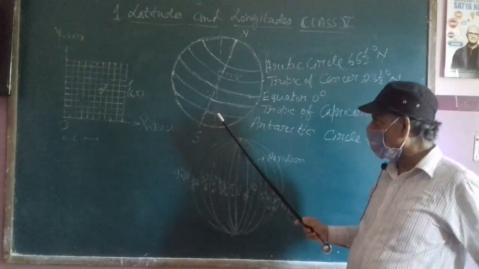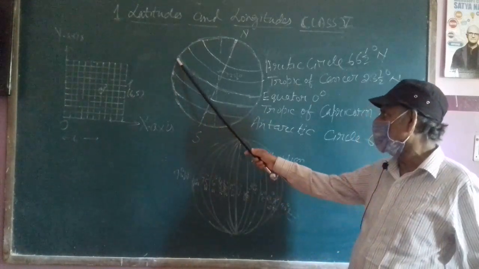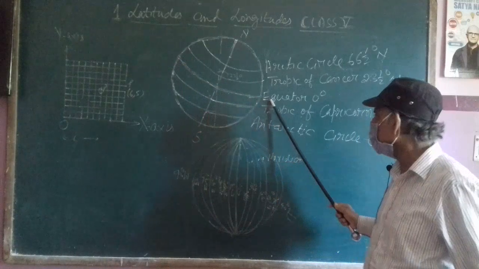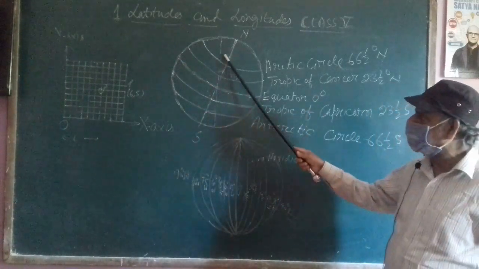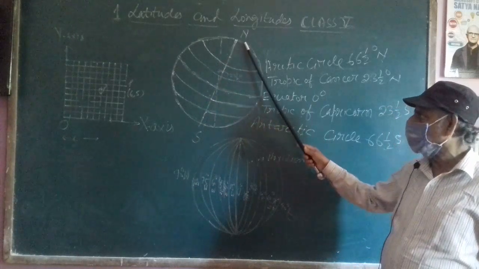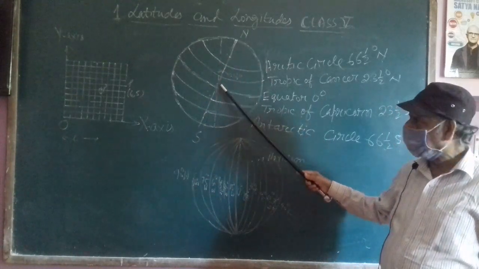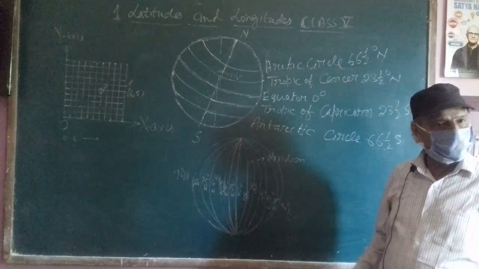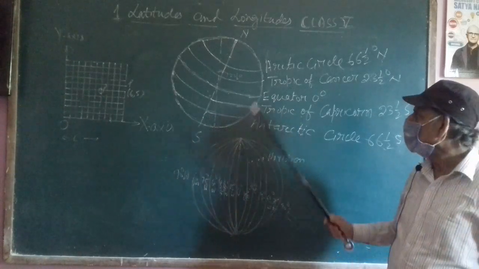Now you can draw this imaginary line. This is called equator. This divides the earth into two equal parts. The upper one is called northern hemisphere and the lower half is called southern hemisphere.